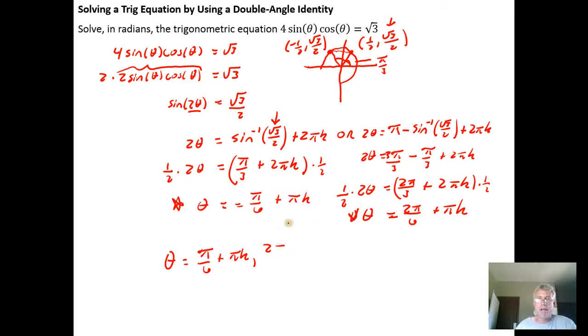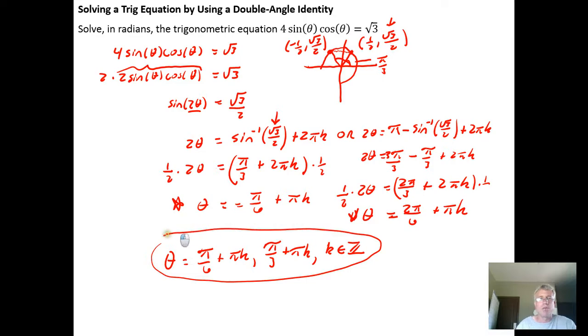So I should simplify that. The half is going to cancel this 2 here and give me a pi over 3. So we should write it simplified, and it's going to be plus pi k. And we want to make sure the reader knows that k needs to be any integer you choose: 0, plus or minus 1, plus or minus 2, and so on and so forth.